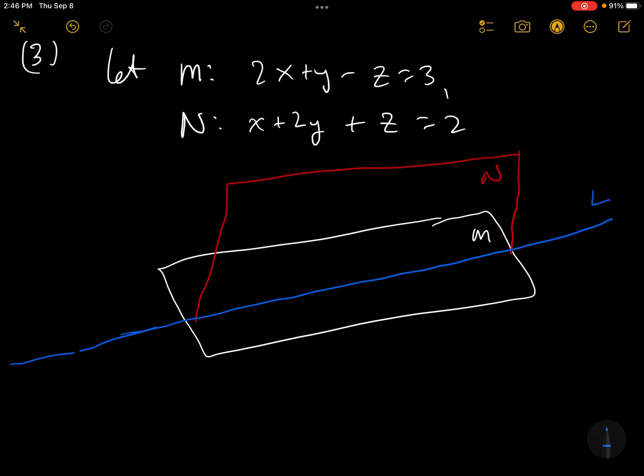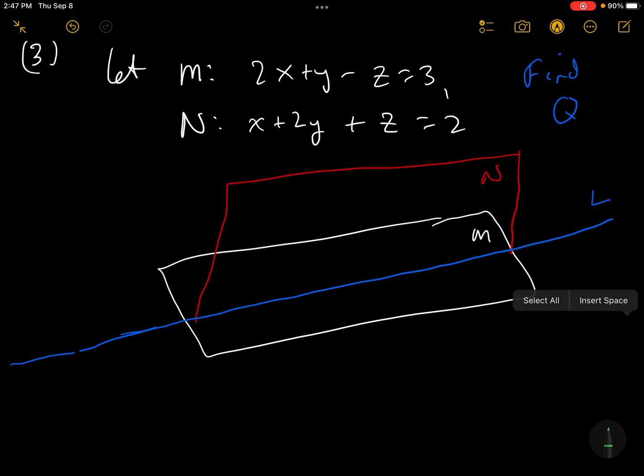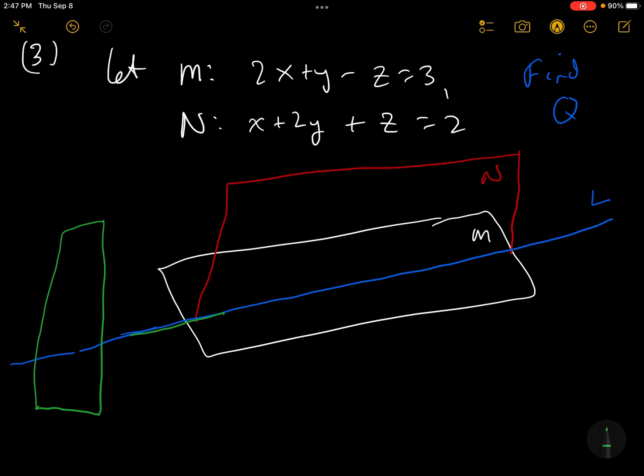All right, so somewhere out here we're looking for a plane. I'm going to call it Q. And we know that Q is perpendicular to this line of intersection.